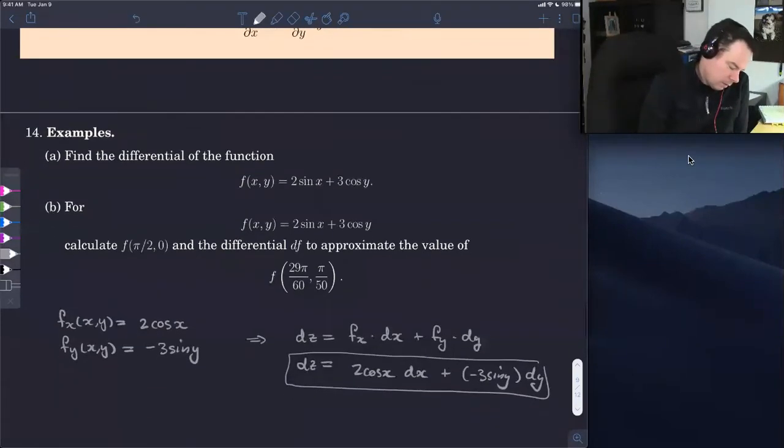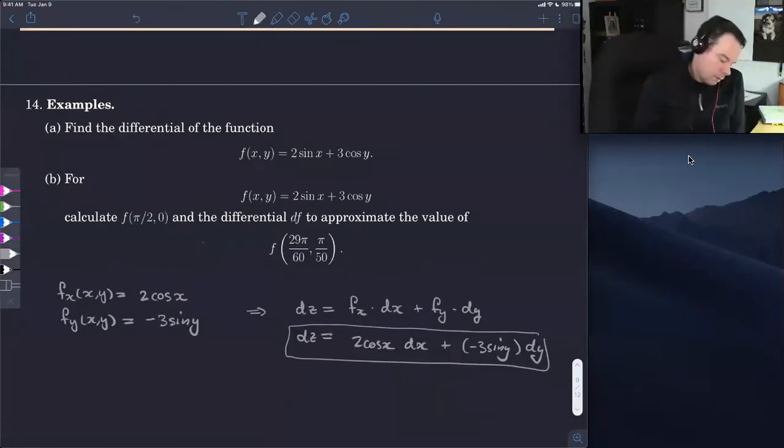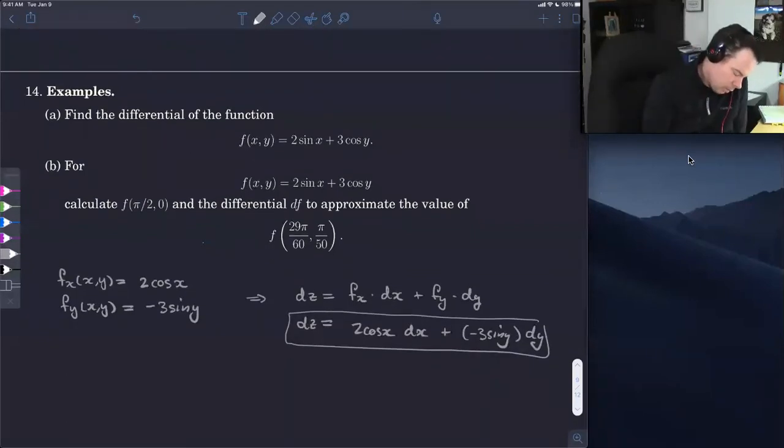And this is saying for this particular function, calculate the value of f at (pi/2, 0), and then use that to approximate the value at a nearby point. So the first thing we're going to do is work out f at (pi/2, 0). That's 2 sine of pi/2, which is 1, plus 3 cos of 0, which is also 1.